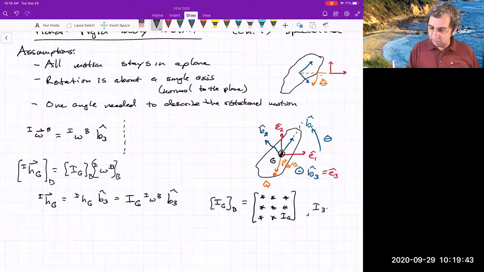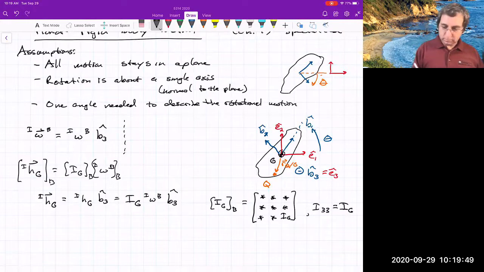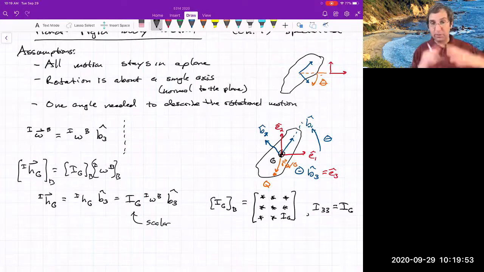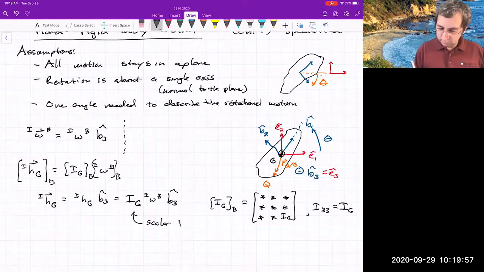So I33 is IG. It's the only one that we care about. So that's nice. We went from a 3×3 matrix to just one number. The Beatles said love is all you need, but IG is all you need.